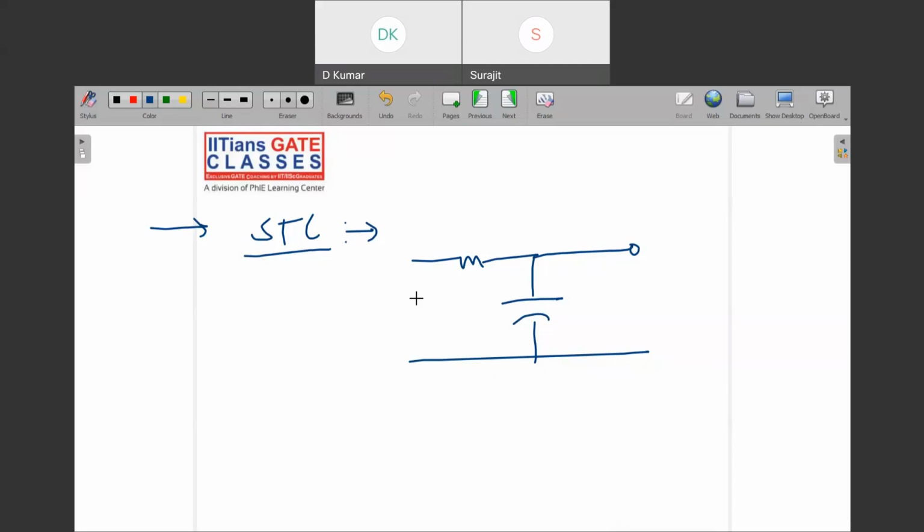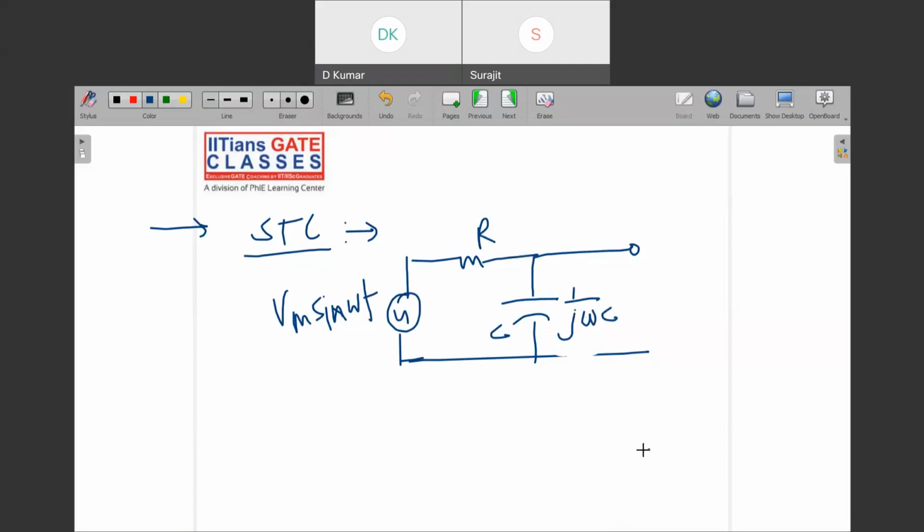If there is an RC here and some sinusoidal input is applied, such as Vm sine omega t, this is R, this is C, or you can say 1 upon j omega C. Let me write 1 upon j omega C, right?